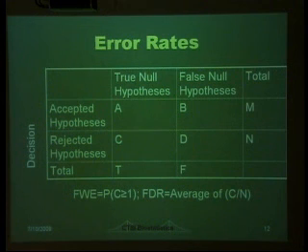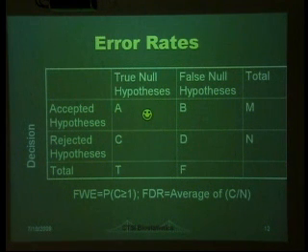And you can see this in terms of this kind of table. Now this table looks very similar to what we had before, except what we're putting inside the entries of the table are not yes or no, good decision, but the number of hypotheses that fall in that decision. So for example, A would be the number of hypotheses that you tested that are true, but you accepted them. So that's, again, a good decision.